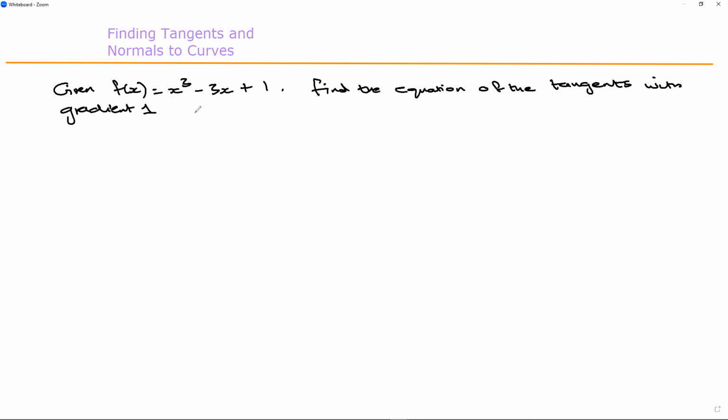So they're telling you that the gradient of the tangent is 1. And that's the first question, question A. And in question B, find the normal for each of the above equations, for each of the tangents.